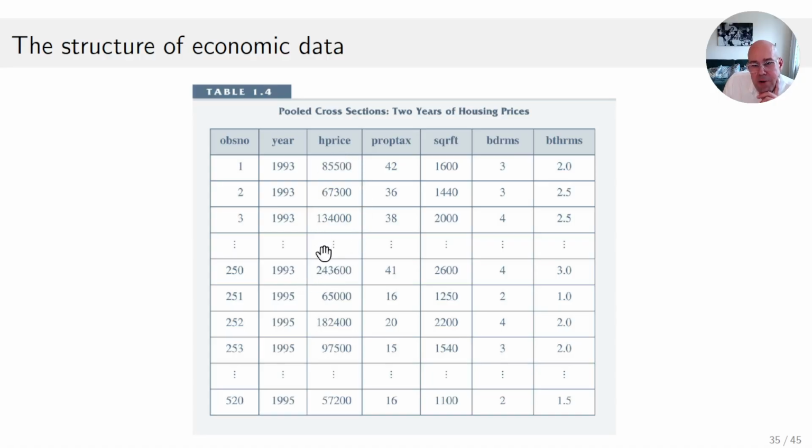So here you see the house prices and characteristics that played a role at that point. And the environment, so the property tax at that time, square feet, etc., size of the house. And then from 251 onward up to 520 observation number, you have data for 1995. So again, a cross-section of house prices.